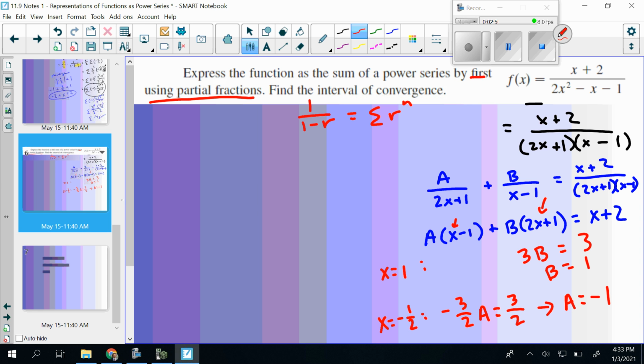And so now we can rewrite this function over here as the function of our A value, which was negative 1 over 2x plus 1, plus our B value, which was positive 1 over x minus 1. So now our goal is to try to make both of these look like our 1 over 1 minus r.